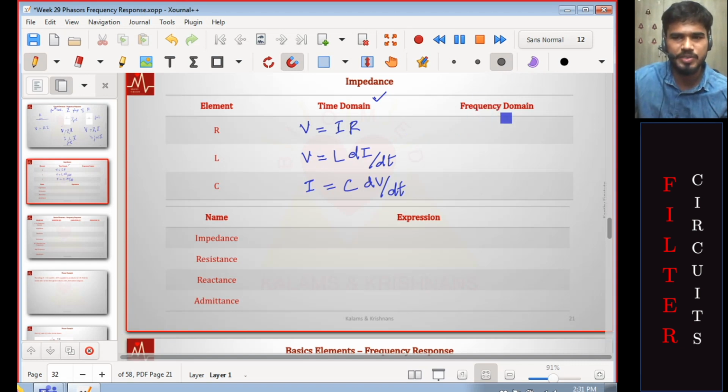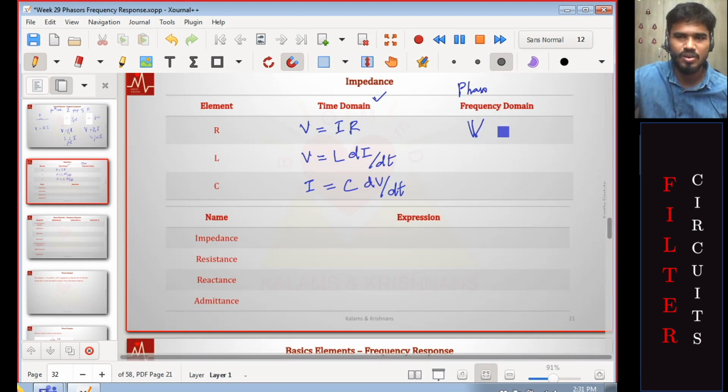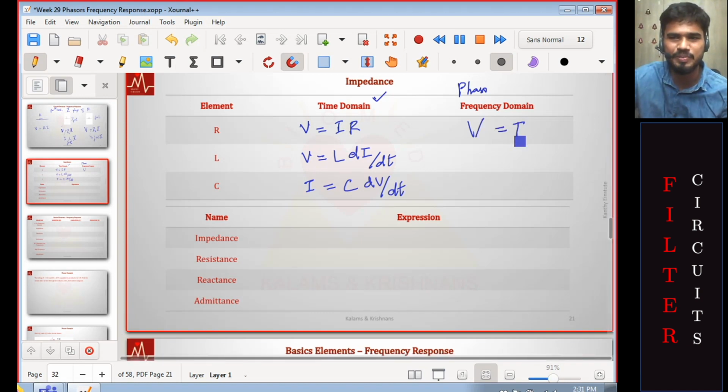In the frequency domain representation, or the phasor representation, we have this phasor. This is a real number. All three numbers are real numbers, so no issues. This voltage at an angle of 0, that current at an angle of 0, that resistance is purely real. Again, this is just V is IR. All angles are 0 here.